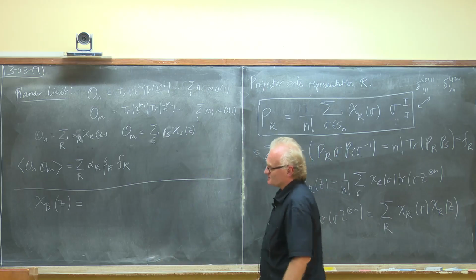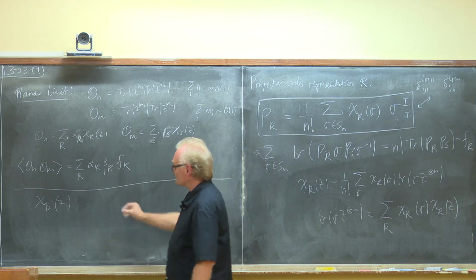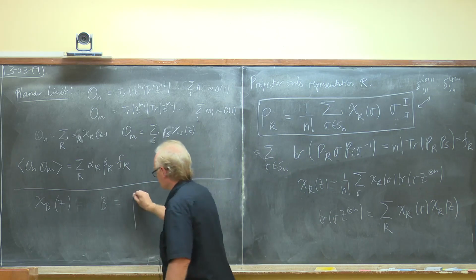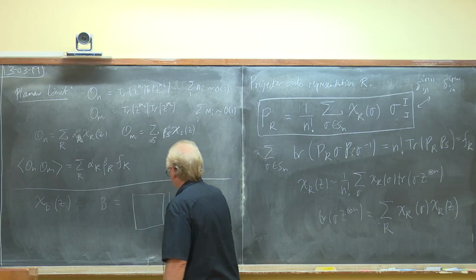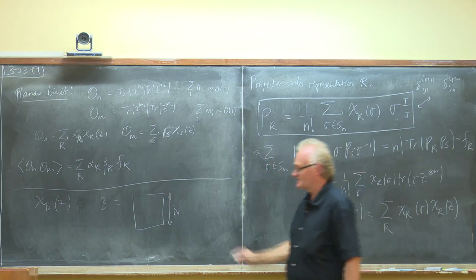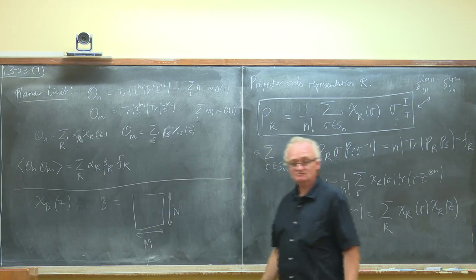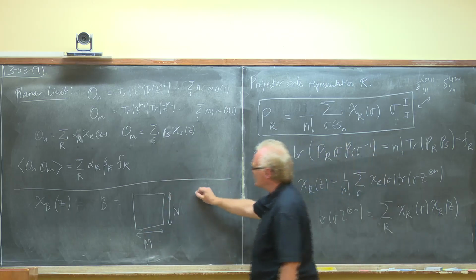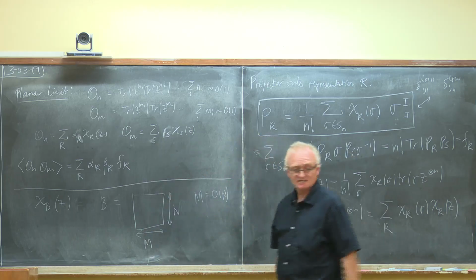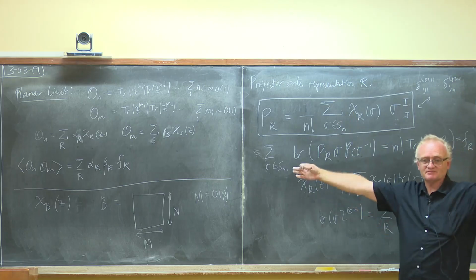So I want to take chi_B of z, where B is going to be a Young diagram which has exactly n rows and m columns, and I'm going to take m to be order n, meaning that as I take n to infinity, I scale m with n.